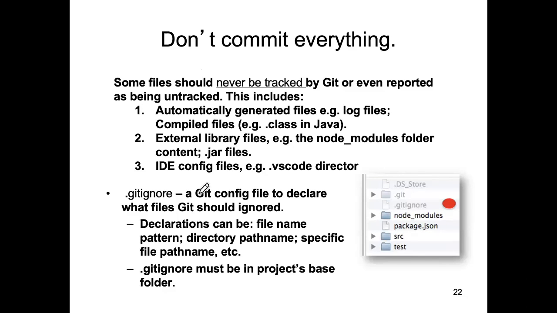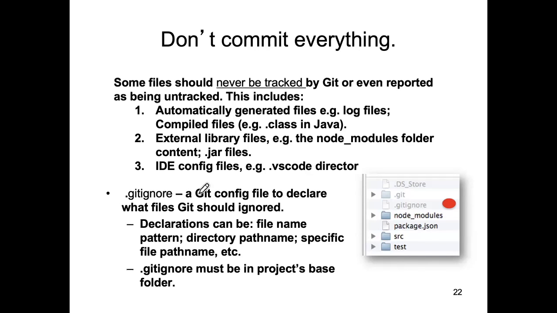In the case of a JavaScript project, you should never commit the node modules folder to the repository, because that just contains third-party libraries, and we can get those by some other means. We don't have to store them in the repository. Or log files would be another example. So anything that's generated or automatically created by some other tool behind the scenes, but is part of your working directory, you should not commit those.